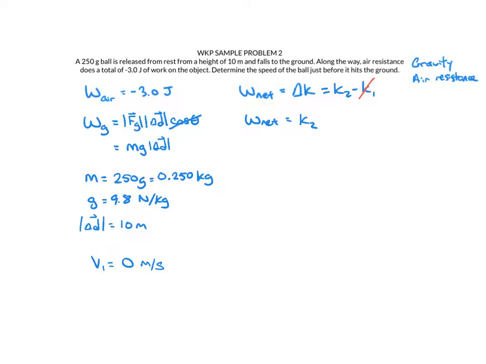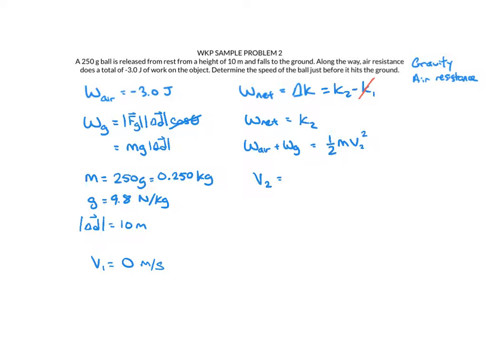Now going from there, work net is the sum of the individual works done by the forces. So work net is the sum of those two works, and K2 is half mv squared. That's the formula for kinetic energy. And the question asks us for the final speed, so I rearrange this for the speed.